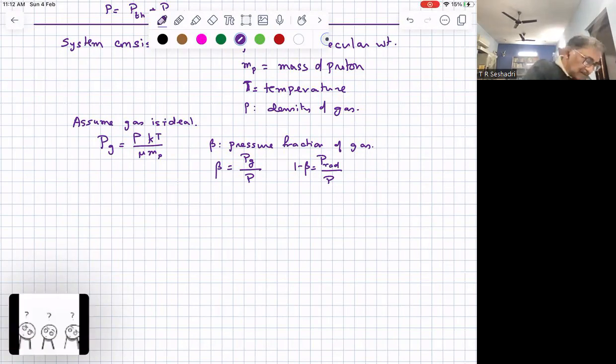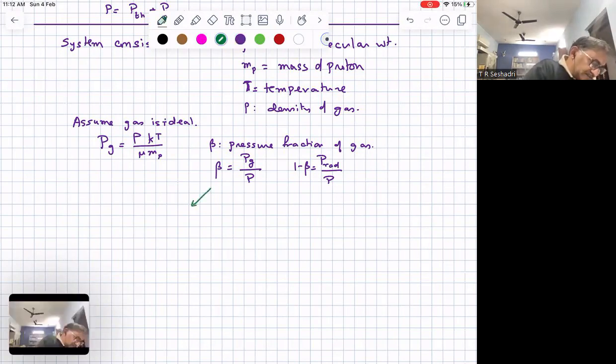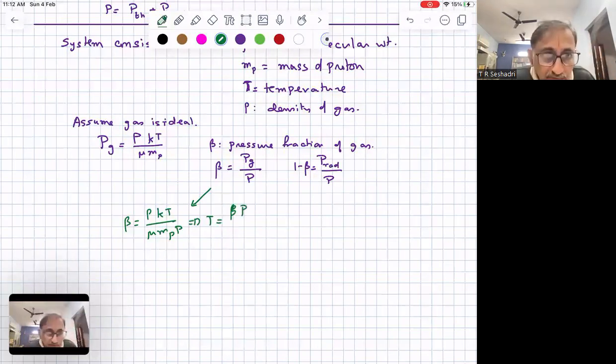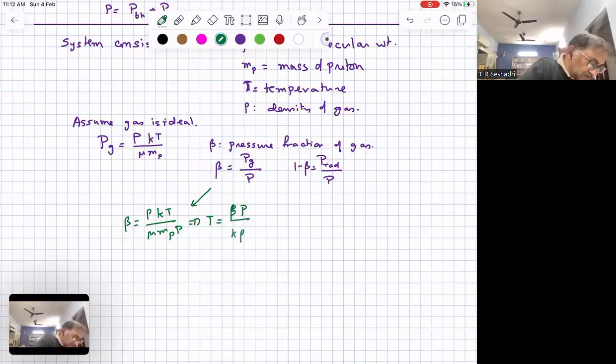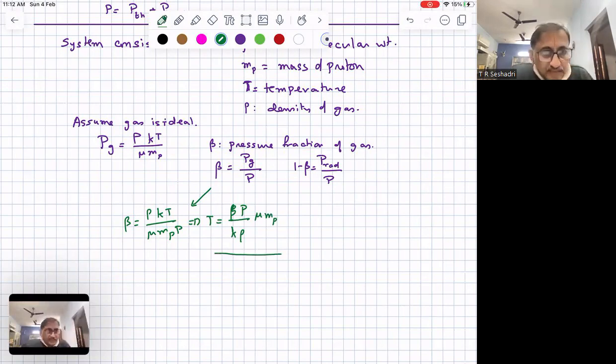Now beta is equal to rho kT by mu mp into the pressure. And from here, the temperature will be equal to beta, the total pressure, divided by the Boltzmann constant into the gas density times mu mp. So this is the temperature in terms of the gas pressure.